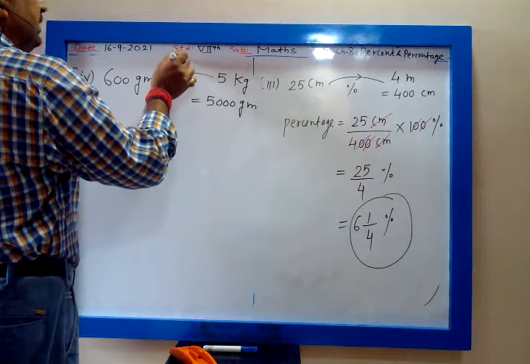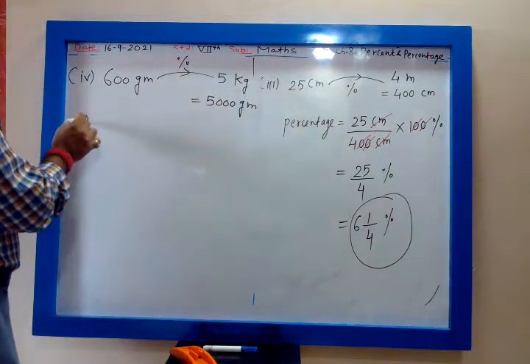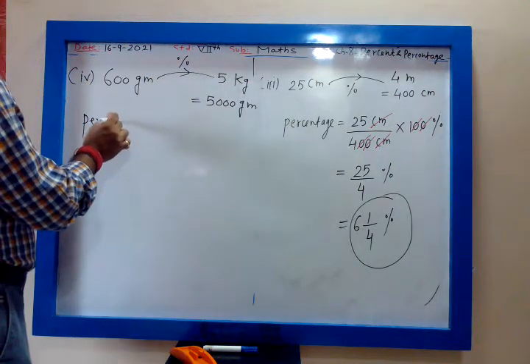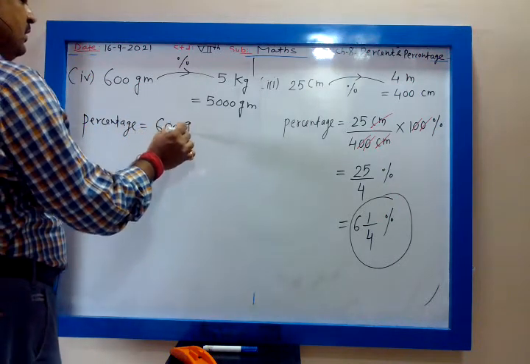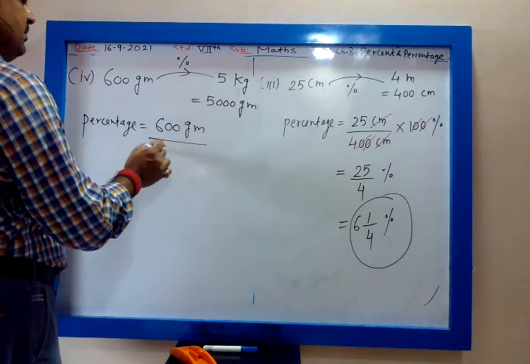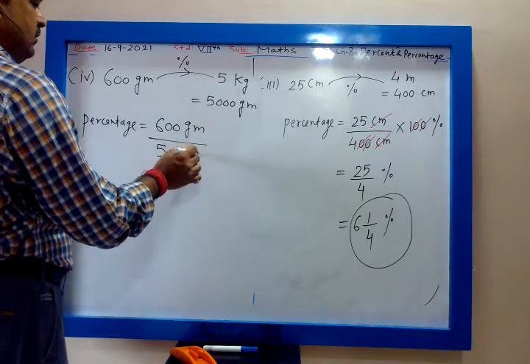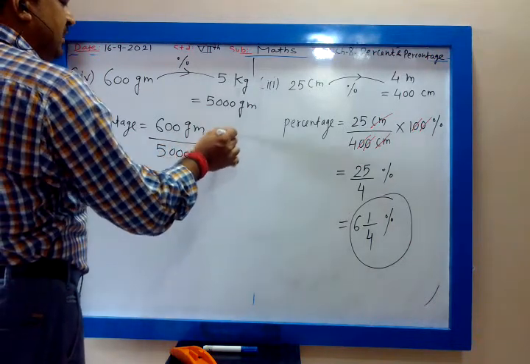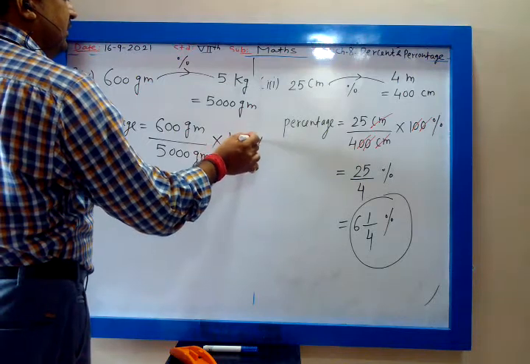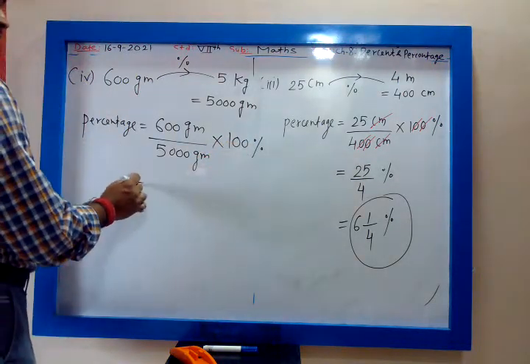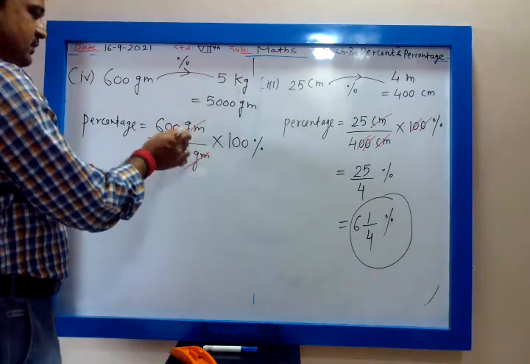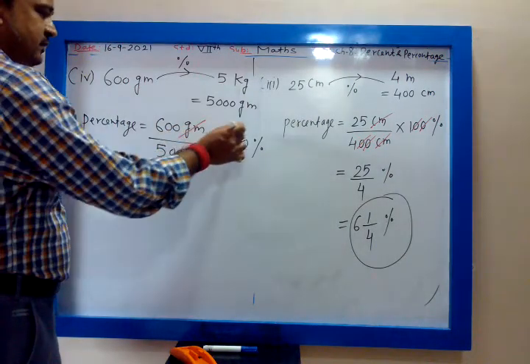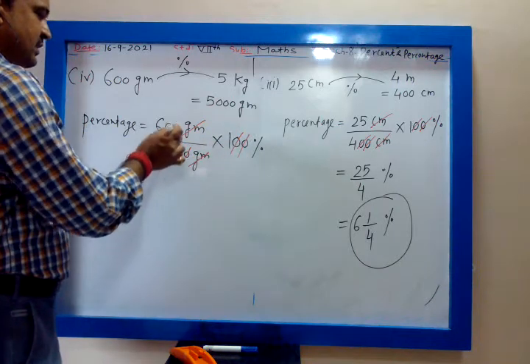So now you want to find percentage. So percentage will be, yes, smaller one, that is 600 gram upon 5000 gram multiplied by 100%. Okay. So gram cancel, then 2 zeros get cancelled, then 1 zero get cancelled.